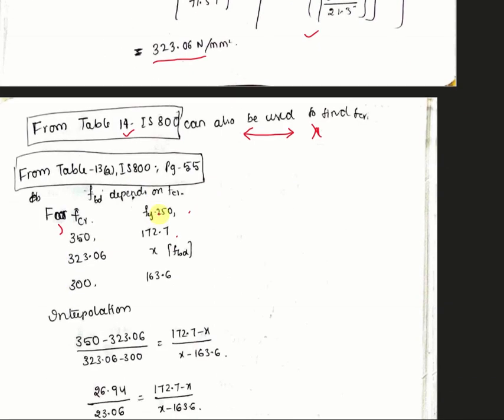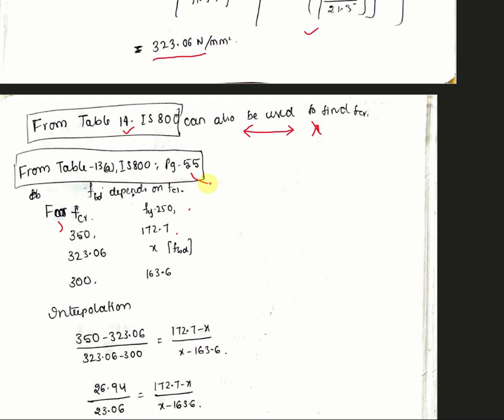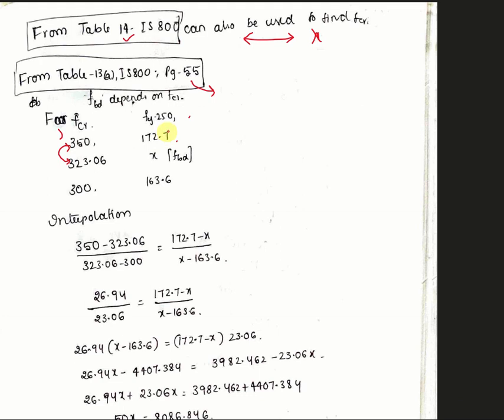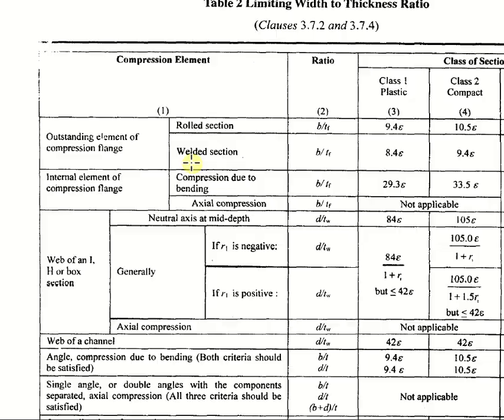Page number 55 gives that fbd depends on fcr, so there we can do the interpolation. I have shown you this here. If you do interpolation, for 350 you have the value in that table as 172.7. I will show you, page number 55.